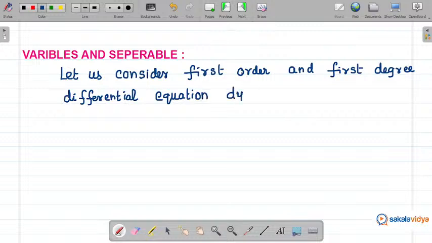Let us consider dy by dx is equal to f of x comma y.